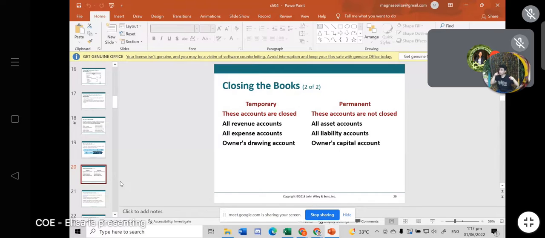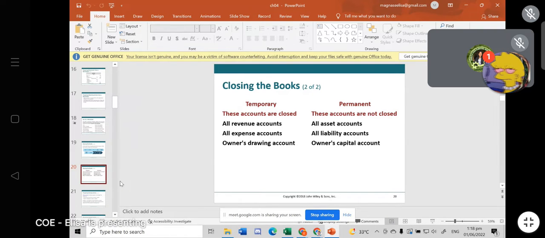These are all asset accounts, liability, and owner's capital accounts. Basically, these are the accounts that you will find in the balance sheet. So permanent accounts, we do not close. On the other hand, for those we consider temporary, these are the accounts that will be closed.